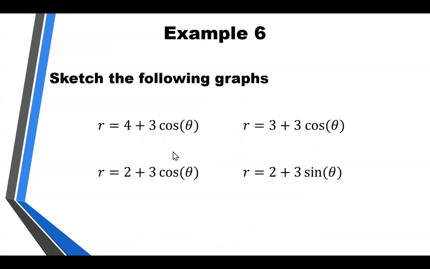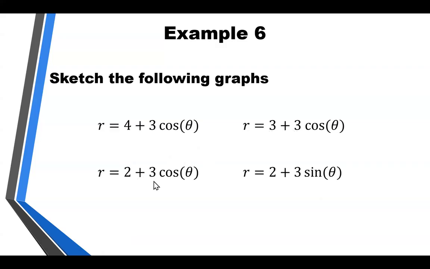Let's look at some other well-known polar graphs. In this case, we have four graphs that are a number plus some number times cosine theta. In this first one, you can see 4 is bigger than 3. In the second one, we have the two numbers equaling.